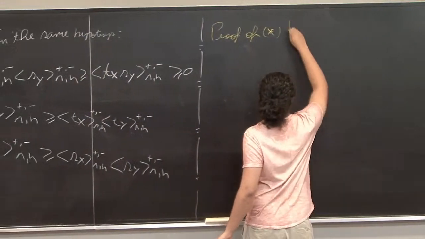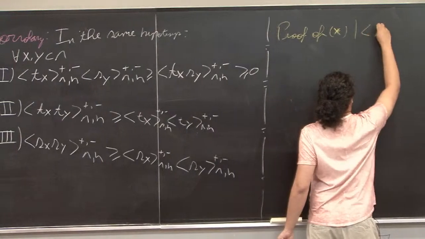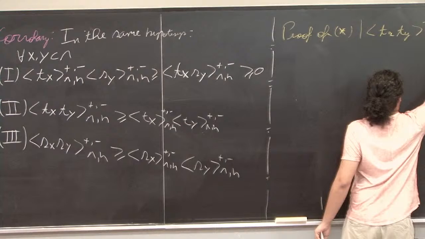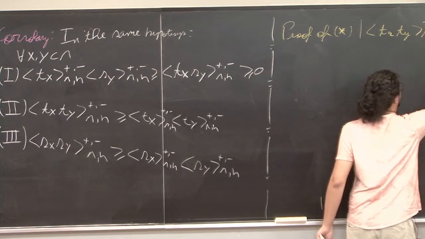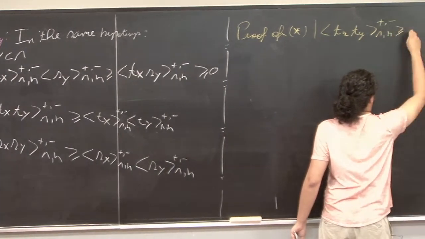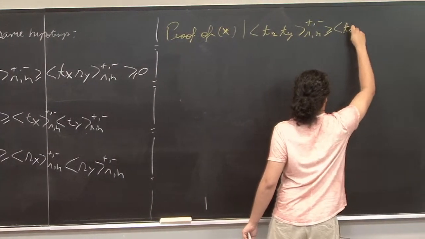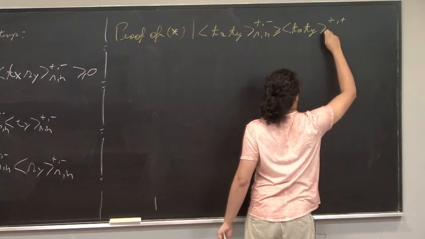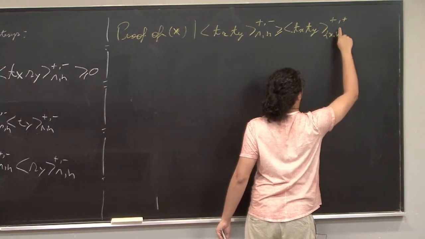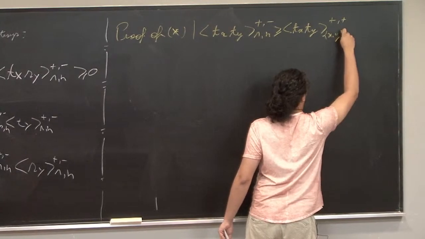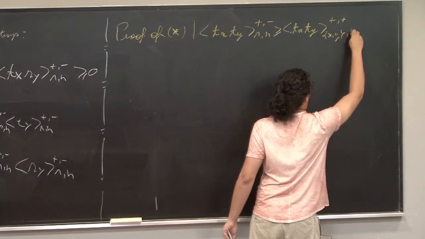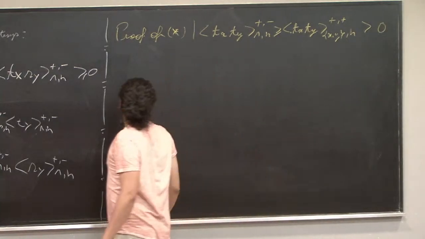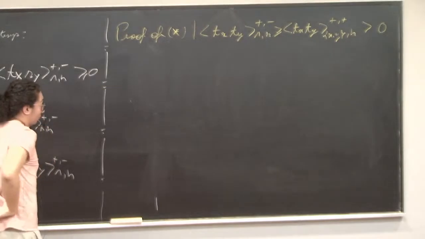So let me write again here. What is that? It's something like this: dx dy plus and minus lambda h is bigger or equal than dx dy. But now you have two plus boundary conditions, and you are on a smaller subset, and you have h. This is okay. So this is what we're going to prove.